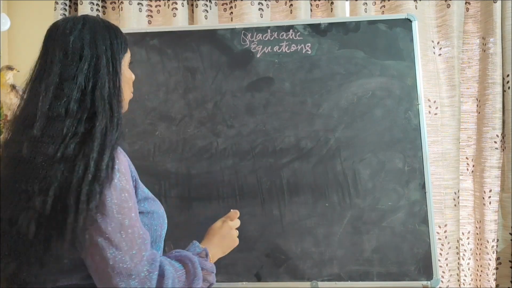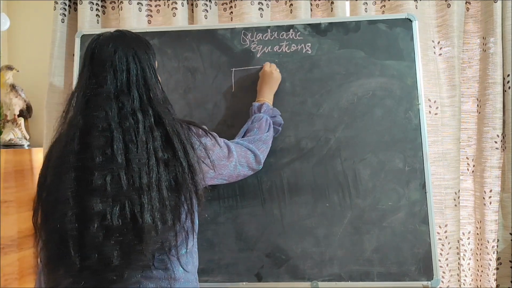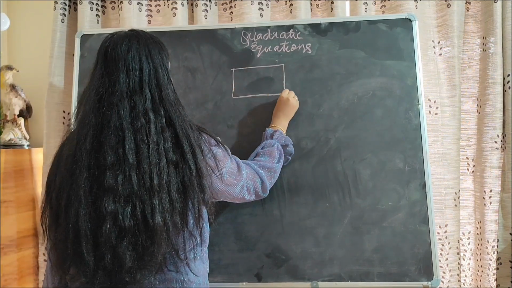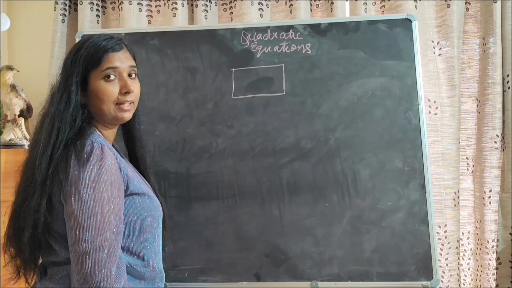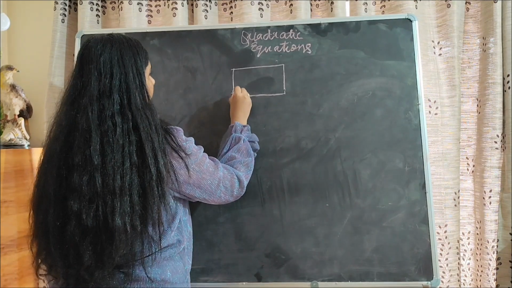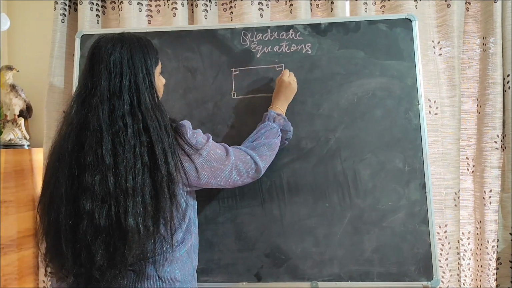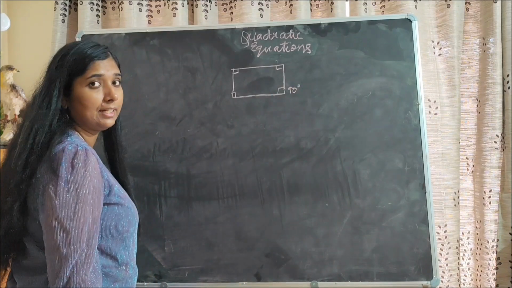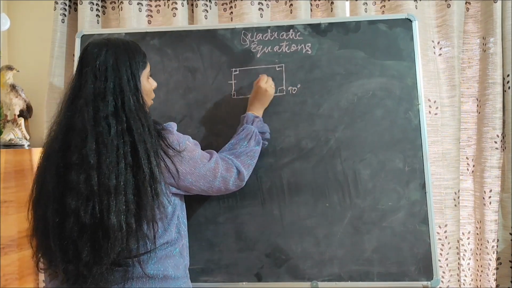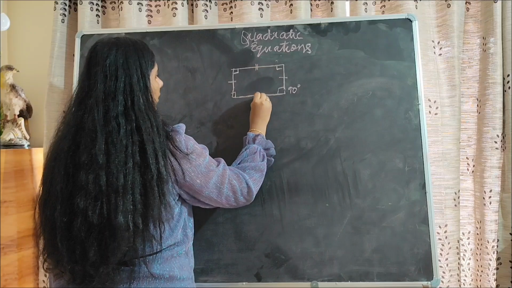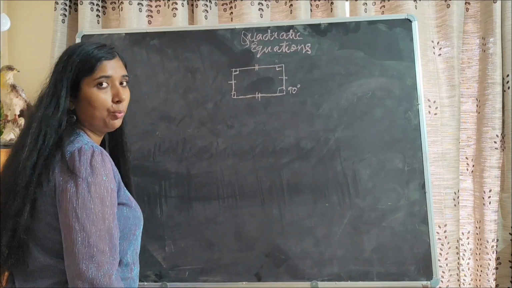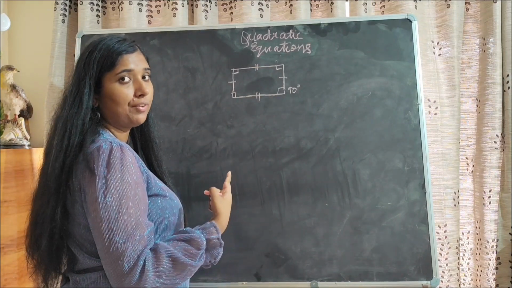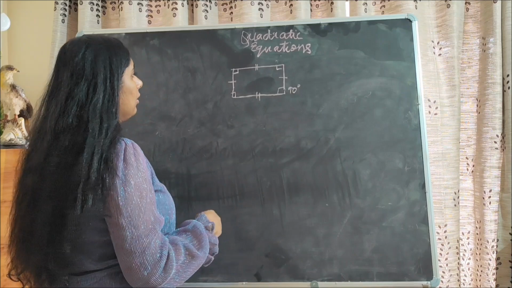So a rectangular storehouse is given. This is a rectangle. So what do we know about the rectangle? The angles are 90 degree. All the angles are 90 degree and the sides opposite are parallel and equal. This property of rectangle you need to note down.